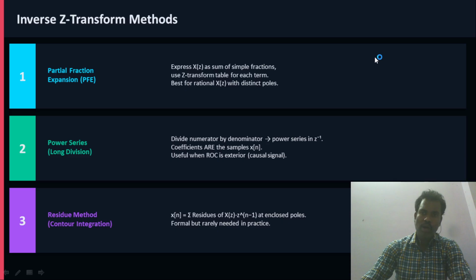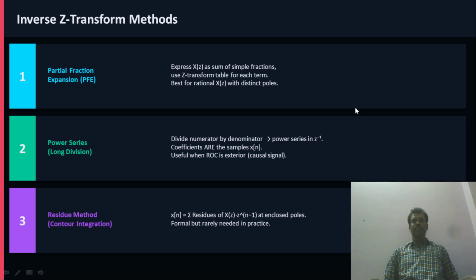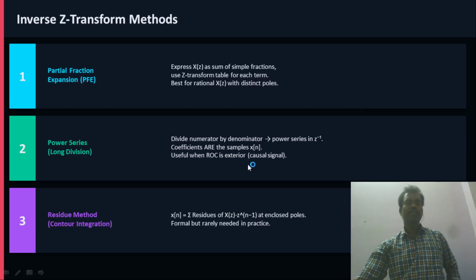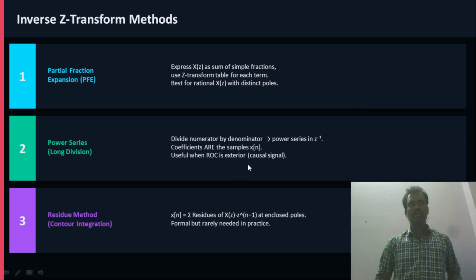If the polynomial is split into z by z minus 1 plus z by z minus 2 and so on, then we can represent it as u of n, a power n into u of n. So we are reducing into smaller-order transfer functions that can be directly inverted.